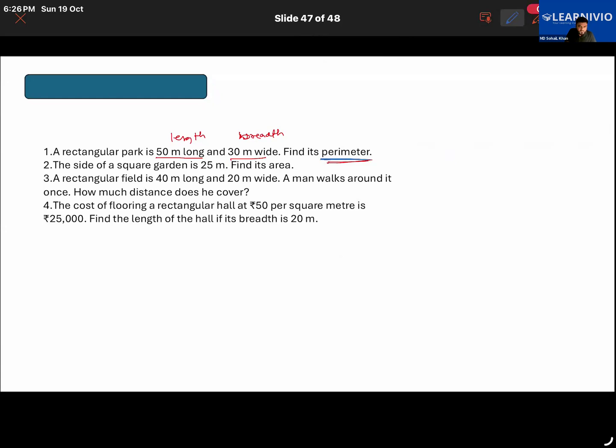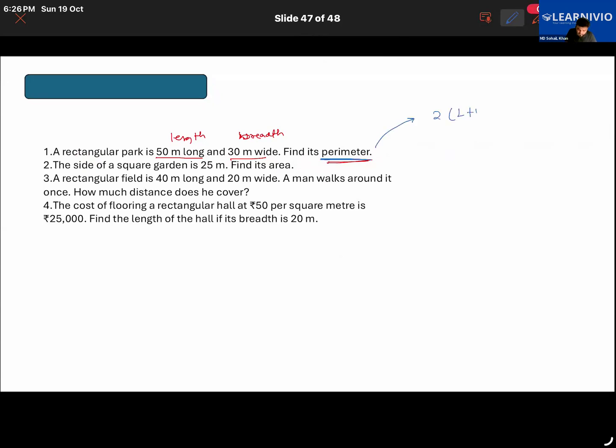Like in case of area, you're using perimeter. In case of perimeter formula, you're using area formula. Clearly, you know the formula to find the perimeter. Please develop this habit of reading the complete question properly. Then only you can solve it. Okay, no issues, no issues.